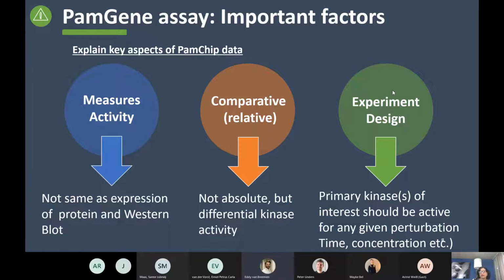And of course, experimental design considerations are very important, the main reason being that the primary kinase of interest should be active for the perturbation that you're looking at. Sometimes you might be looking too late or too early, or the concentrations may not be effective in inhibiting a kinase of interest. So a lot of these factors go into the experimental design, which is therefore important.